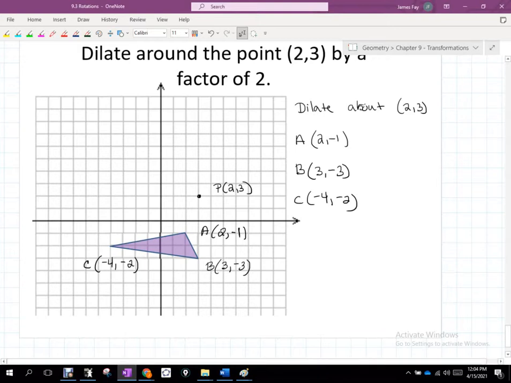That doesn't happen when we go around the point 2, 3, or anywhere else in the coordinate plane.